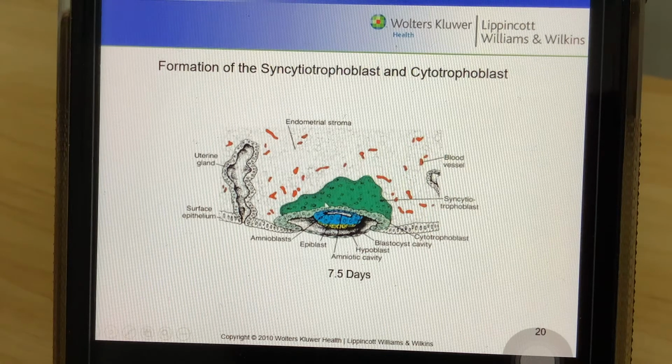The syncytial trophoblast forms the invasive layer for implantation and will erode tissues, including the blood vessels. The cytotrophoblast on the outside consists of proliferating cells that move into the syncytium.